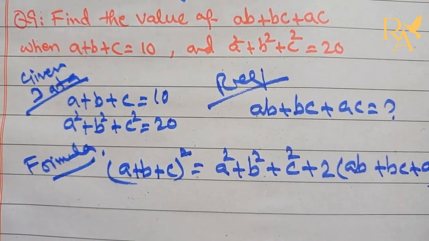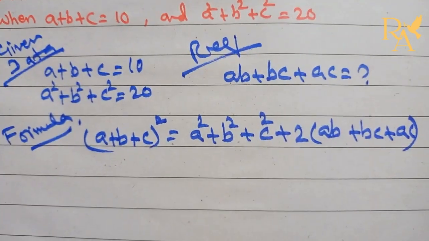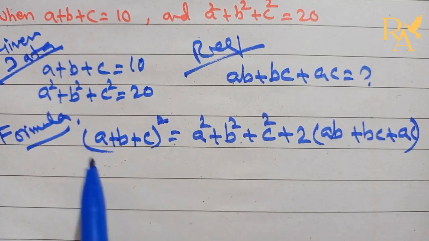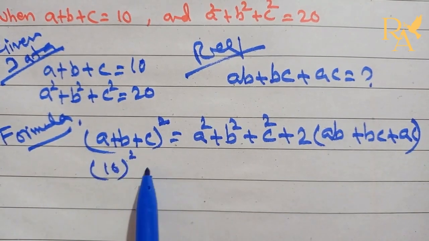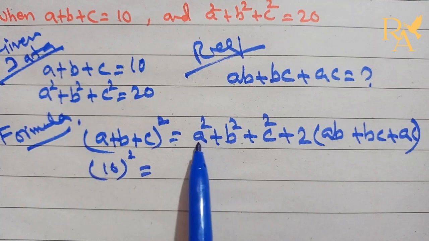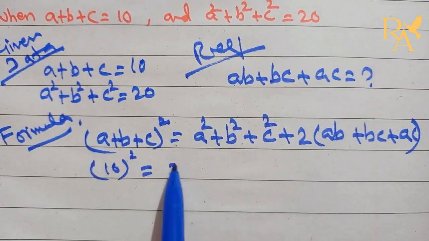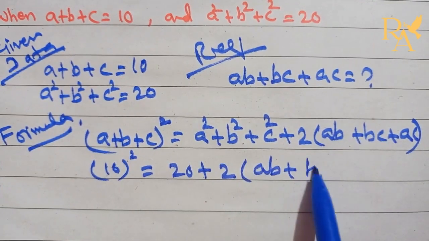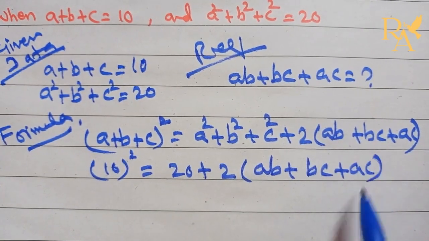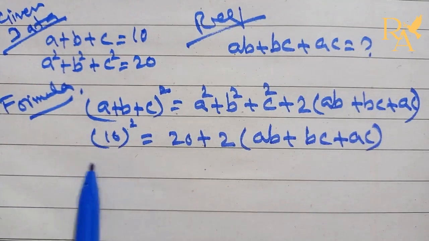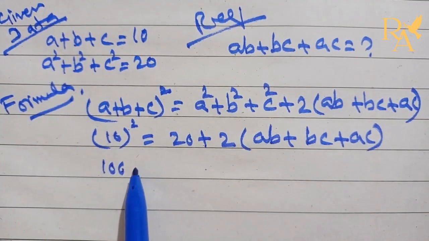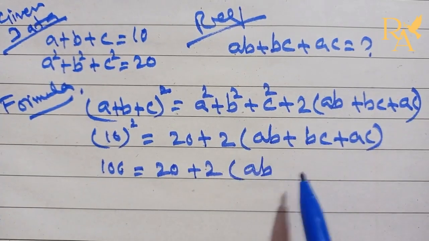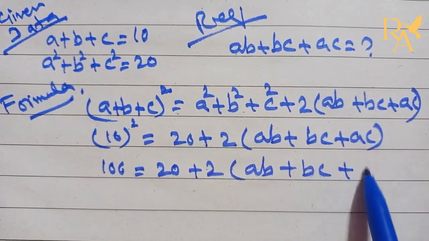This is a very simple and easy question. A plus B plus C is equal to 10, whole square is equal to the value of A square plus B square plus C square, which is 20, plus 2 times AB plus BC plus AC. 10 times 10 is 100, so 100 is equal to 20 plus 2 times AB plus BC plus AC.